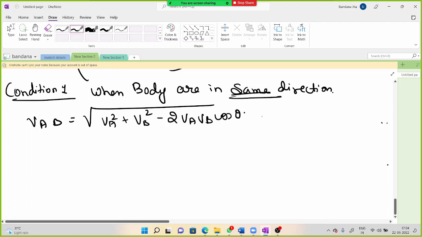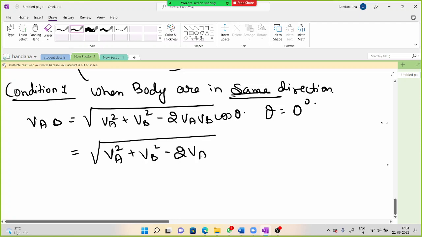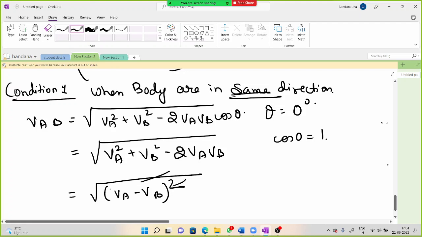And same direction means theta is equal to 0 degree. So what will be my answer? VA square plus VB square minus 2VAVB, because cos 0 is 1. Understood? So by seeing this, what we get? VA square plus VB square minus 2VAVB. So it is VA minus VB whole square, the square and square root get cancelled. So VA minus VB.